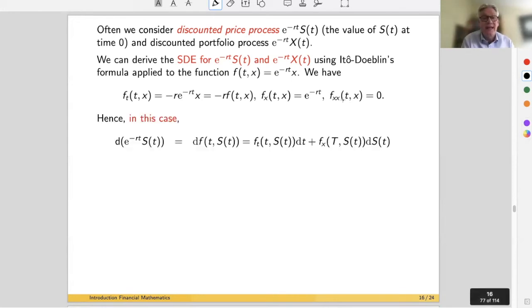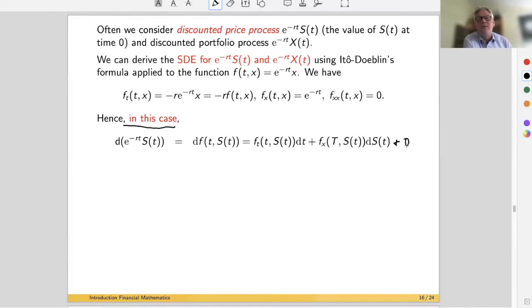So in this specific case, where the second derivative is equal to 0, the dynamics d(e to the power minus rt St), the change in the discounted price process, is by definition df(t, St), and we write it as df dt plus df dx dS plus 0, right?